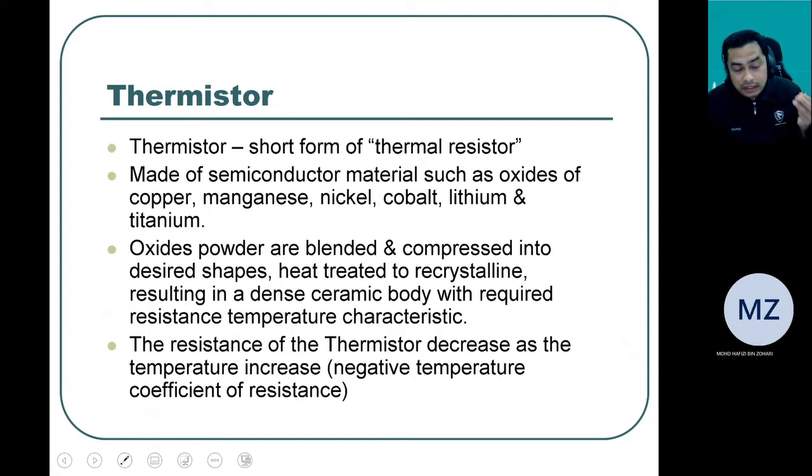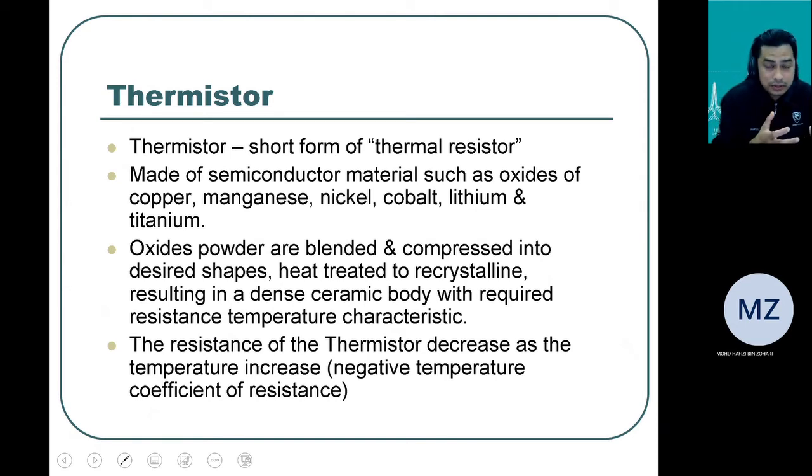And if we use semiconductor, we need to understand the physics of this one. For semiconductor, an increase of temperature will reduce the resistance. So you increase the temperature, it will reduce the resistance.